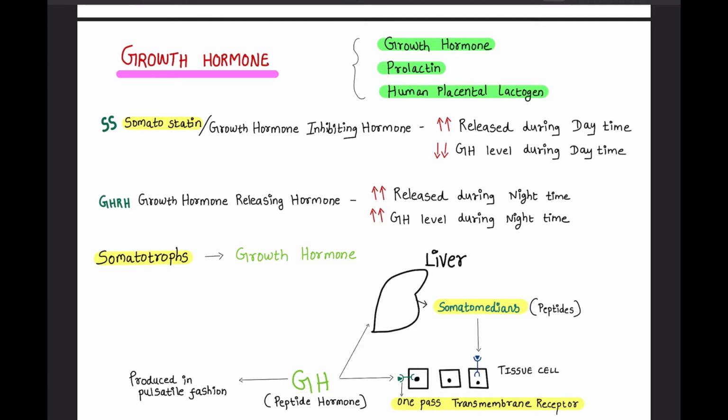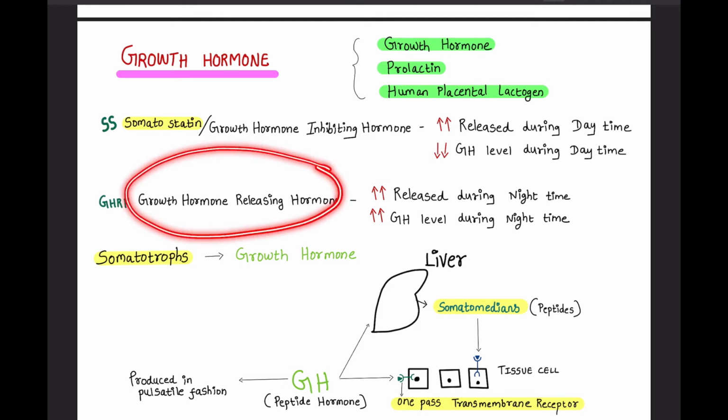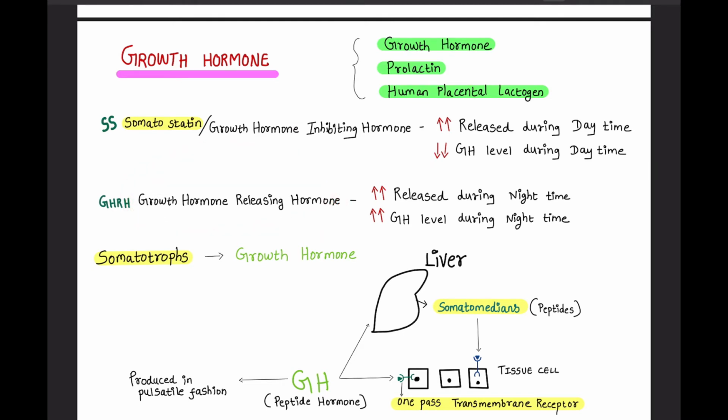This growth hormone releasing hormone is released increasingly in higher amount during night time. So whenever there is increase in the release of growth hormone releasing hormone, there will be increased growth hormone, because the function of growth hormone releasing hormone, the name itself is self-explanatory.